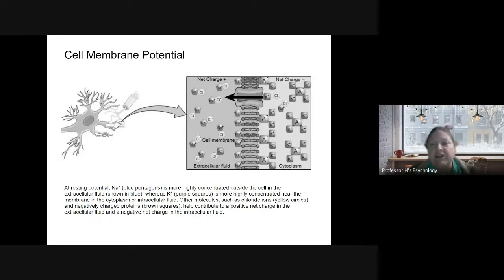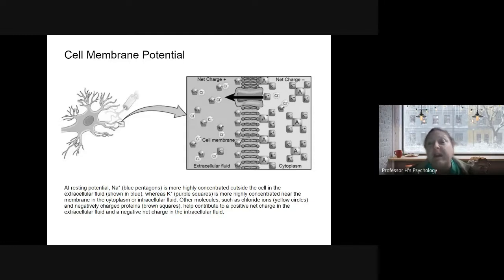We have these large negative ions here, and on the outside, we have these positive ions. So these positive ions are attracted to these negative ones. So they're just kind of lining up outside the cell. And this is important because when we talk about an action potential, and we're talking about changes that happen within the cell, we talked about the net charge of the inside of the neuron becoming less negative.